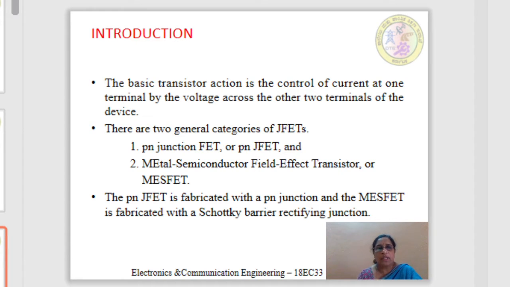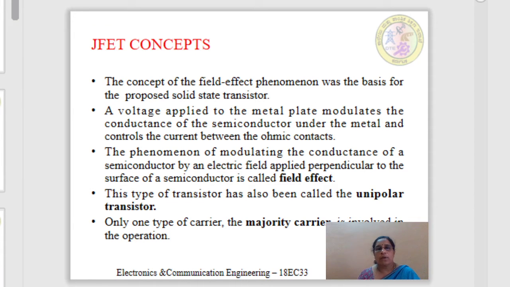The PN JFET is fabricated with a PN junction, whereas the MESFET is fabricated with a Schottky barrier rectifying junction. So the classification is based on the junction as well as their structures. As per our syllabus, we are going to concentrate on the basics of the PN junction field effect transistor. So, coming to the JFET concepts.